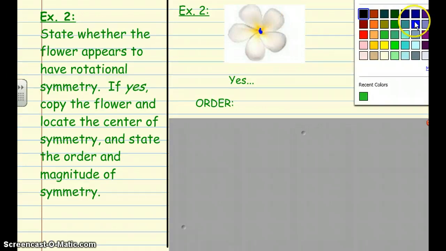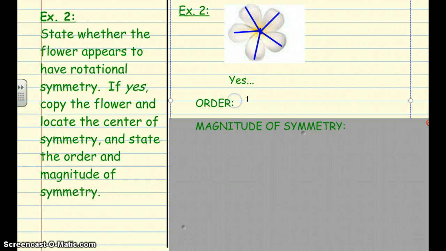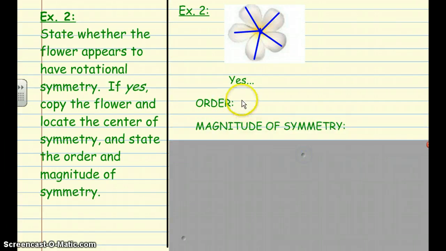And actually, I'm going to draw a line through here and here. Because it has these 5 petals that are all similar, we'll find the magnitude in a second, we can say that this has an order of 5.